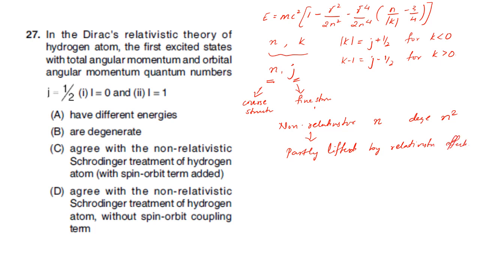Therefore, degeneracy exists between 2s half and 2p 1 by 2. Here n is same, n is 2, but values of L are 0 and 1, but j is same. For given same values of j, the energy levels are degenerate.